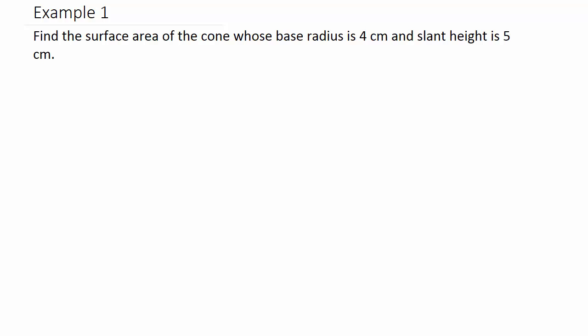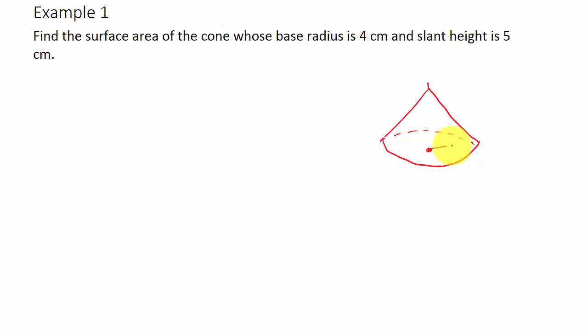All right, so here we go. Find the surface area of the cone whose base radius is 4 centimeters and slant height is 5 centimeters. We'll just make a quick sketch, nothing fancy.